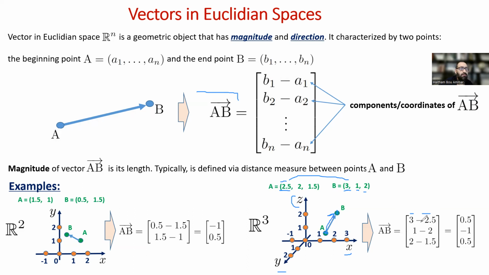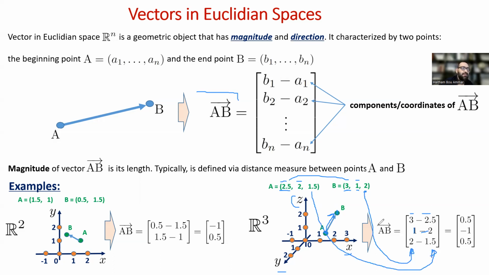So you will get 3 minus 2.5. And then you take the second component, which is 1, minus the second component of your beginning point, which is 2. So you get 1 minus 2. And then you take the third component of the end point, which is 2, and the third component of your beginning point, which is 1.5.